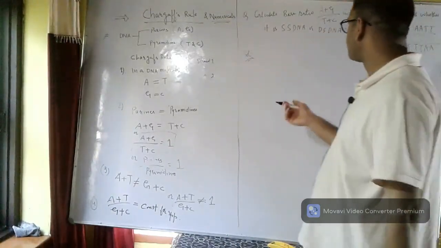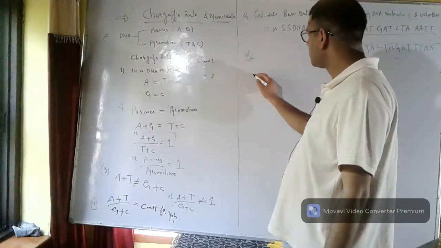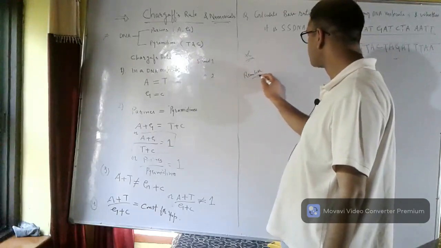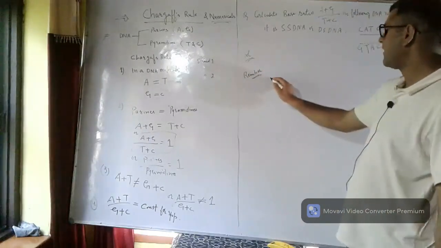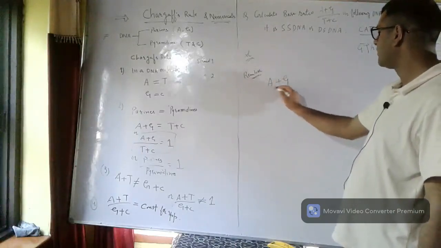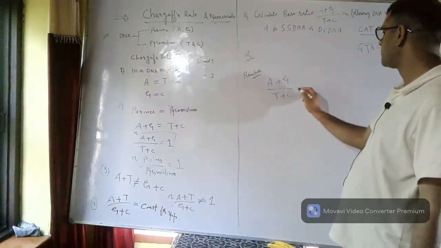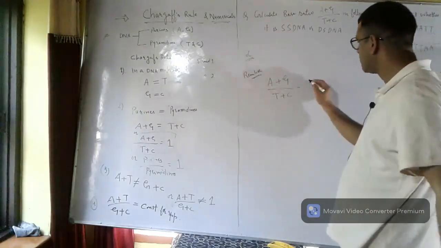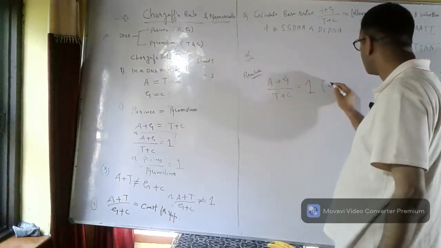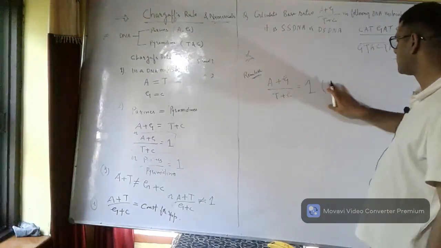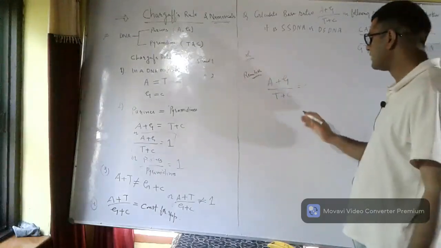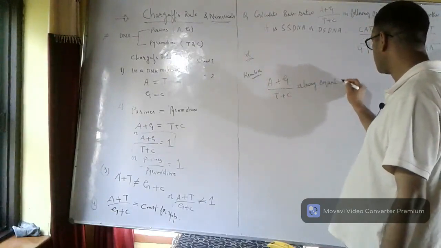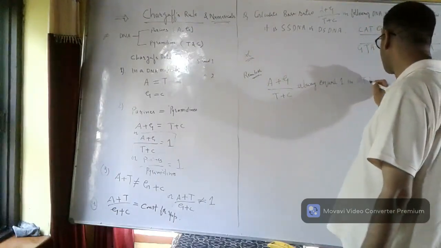See, remember that, memorize that: the base ratio of purines and pyrimidines, adenine plus guanine by thymine plus cytosine, is always equal to 1 in a double stranded DNA molecule.